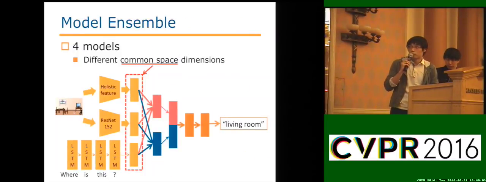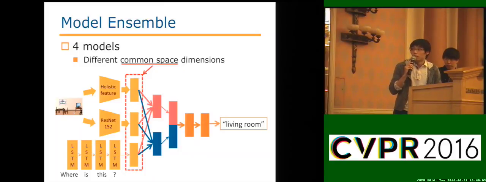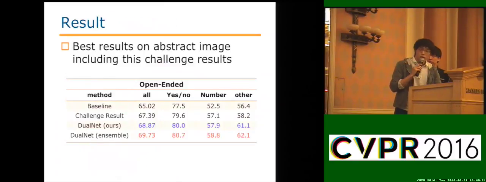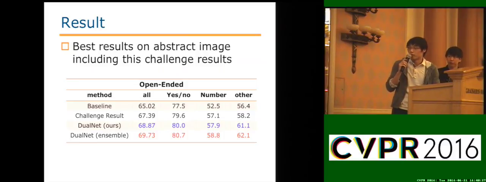We conducted some model ensembles. We prepared 4 models with different common space dimensions. We changed the dimension of the projected common space differently and ensembled the results of the 4 models. And we could improve our scores significantly compared to the result in the challenge.